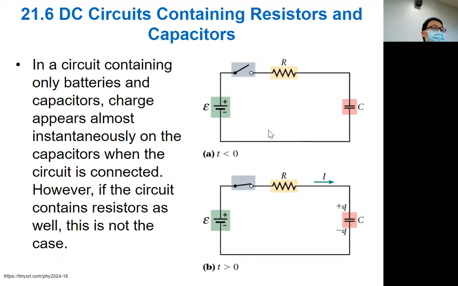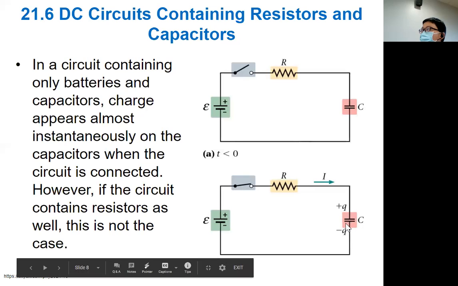The moment you turn on the switch, the current goes from the positive terminal. That means positive charge starts flowing from the positive terminal, so you will have positive charge built up on one plate and negative charge built up on the other.